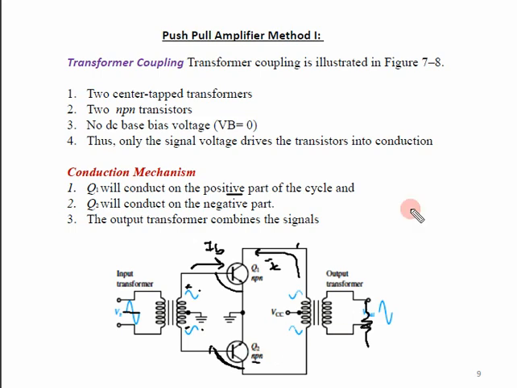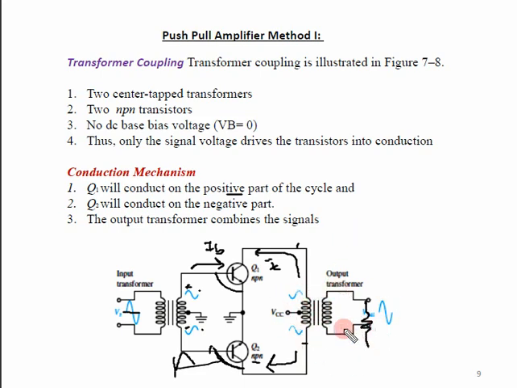Now when the negative half cycle comes, things are reversed. Q1 is pushed into non-conduction, and Q2 is pushed into conduction, because the polarity of this becomes positive and the polarity of this becomes negative. Q2 conducts, IC flows, and we can take out a signal or voltage from the collector through this transformer to the load.